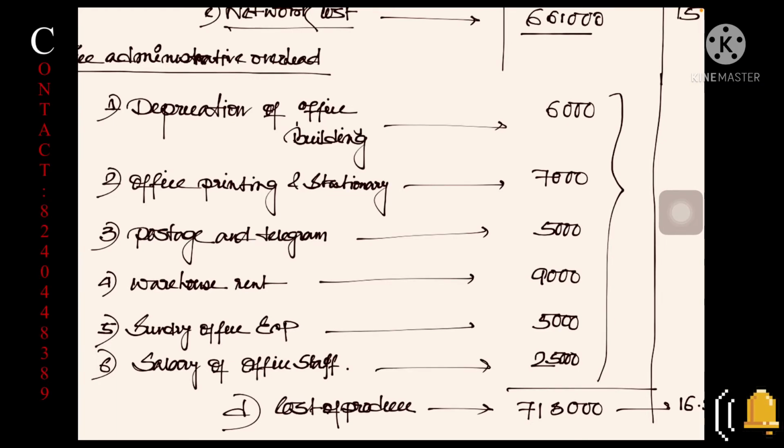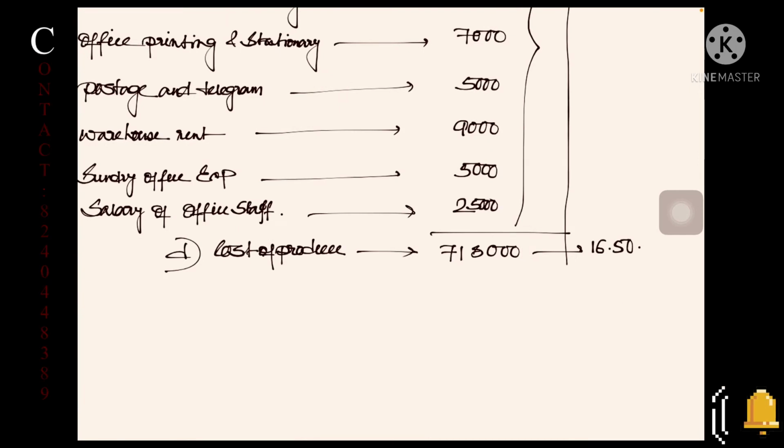So after you add this, it will come cost of production, which is 7,18,000, my friend. And here you can again divide by the exact output, you can get the per unit cost, which comes 16.50.